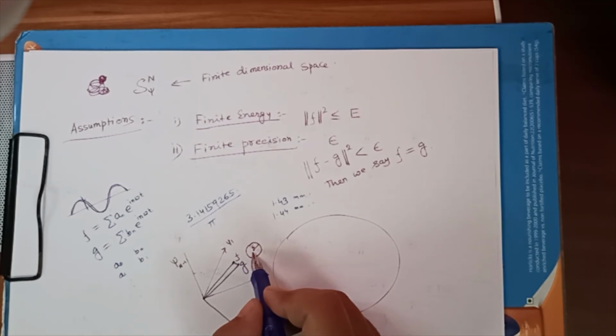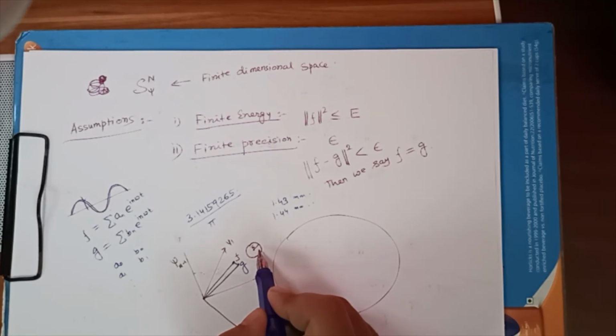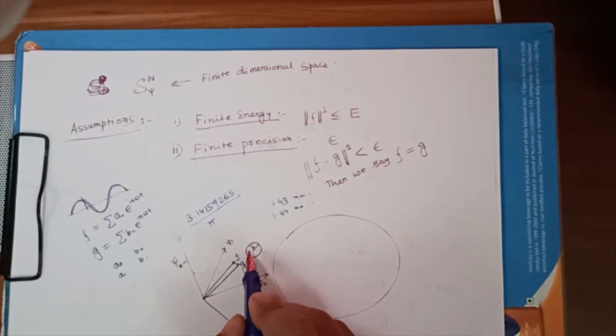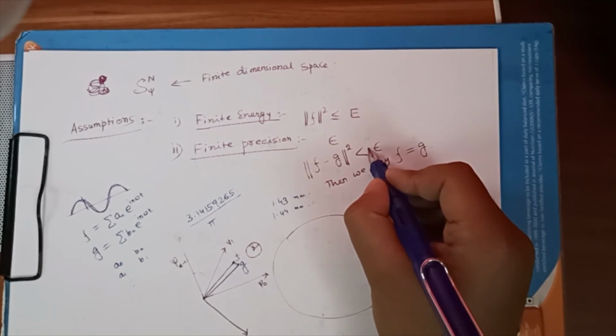Because suppose this is a function, and if you take any other function that is closer than epsilon, then we will say that they are indistinguishable. Oh, okay. You can say that there are two signals inside this which are more than epsilon apart, so I can put it as epsilon by 2 or something like that, or less than 2 epsilon.